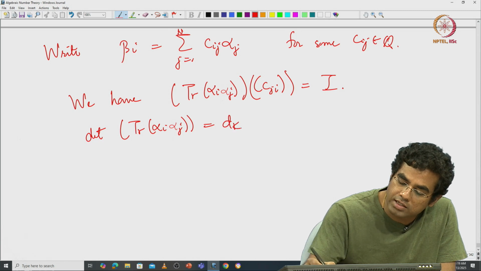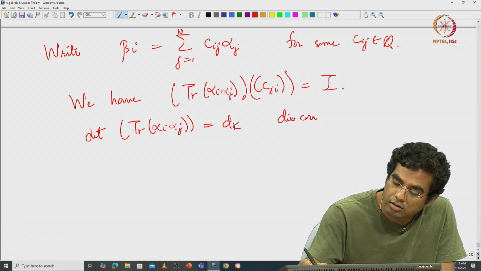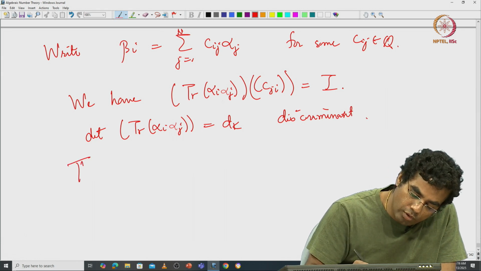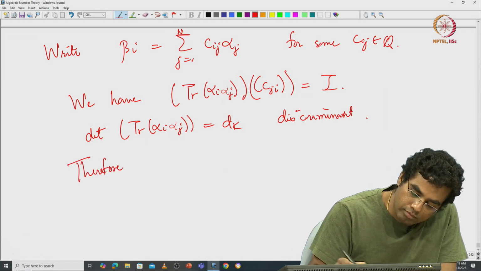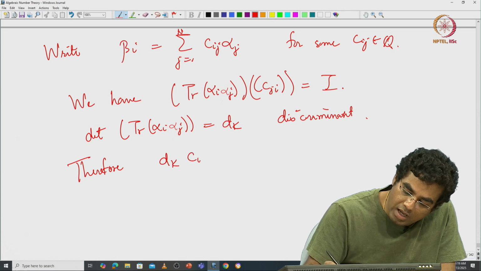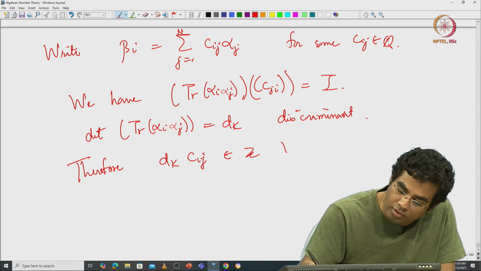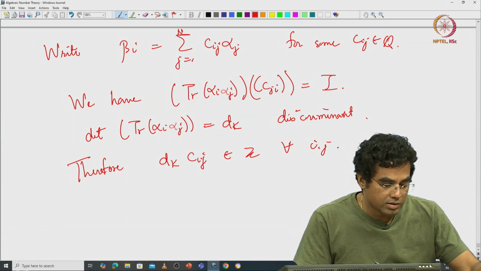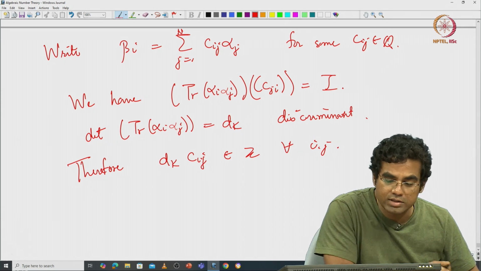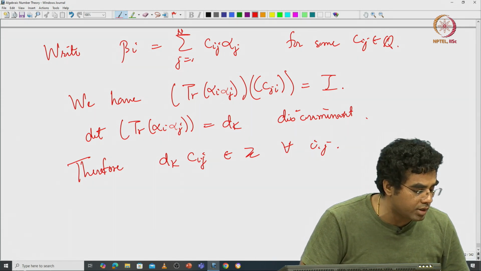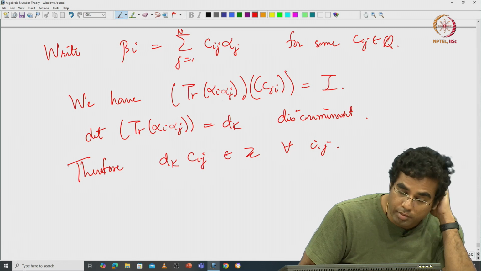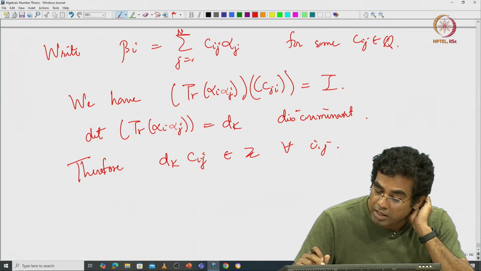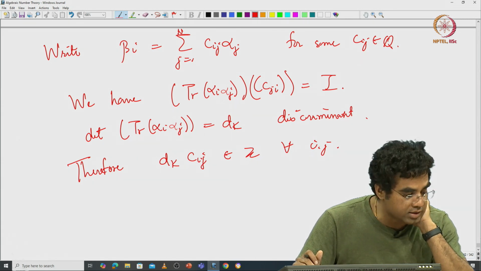This gives d_K, the discriminant. Therefore, the discriminant times C i j is in Z for all i's and j's. That is a very nice thing. Although these C i j's are in general rational numbers, what we know about them is that their denominators are no worse than the discriminant.